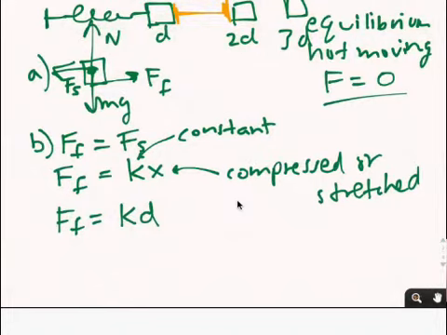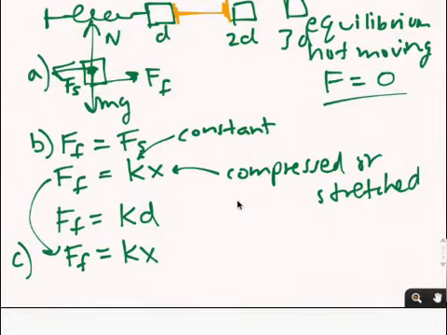Well, once it gets released, but at 3D it's still stationary, it says. So now we're going to use this same idea, that since it's stationary, your forces are balanced, so your force of friction will just equal K times X.